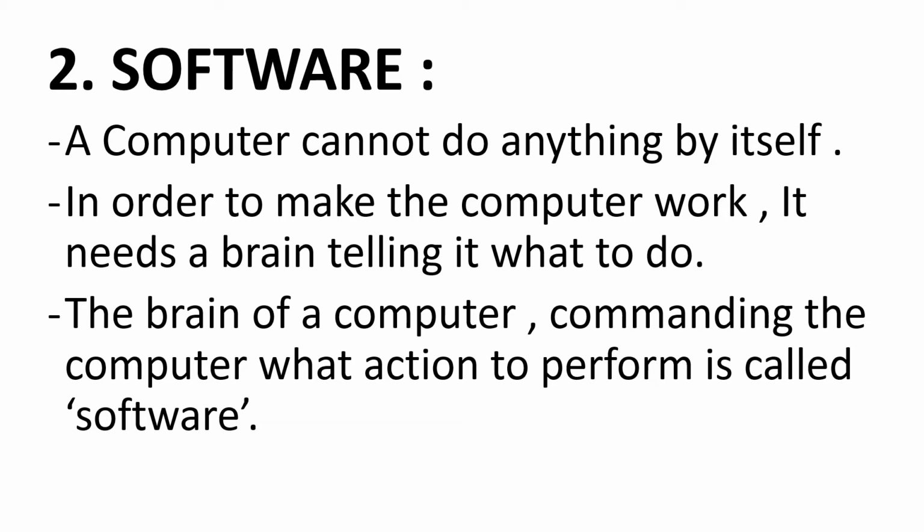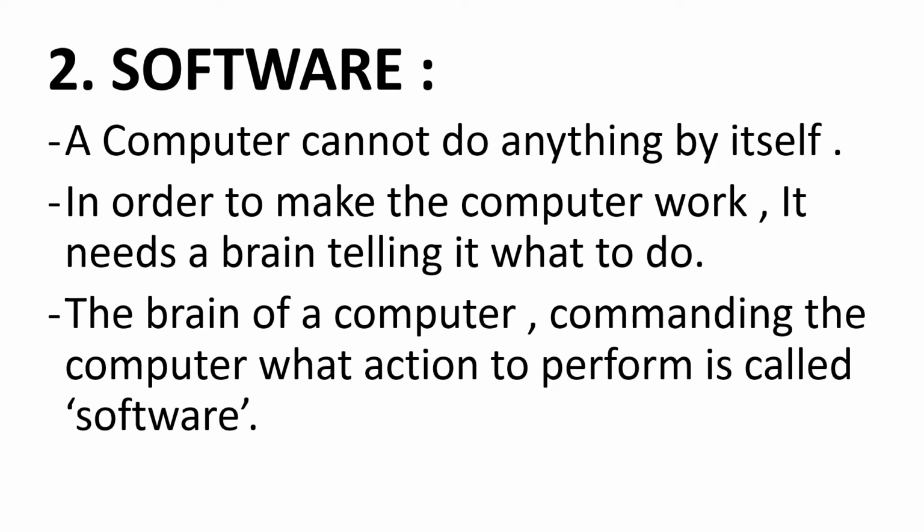Now, a computer is a dumb machine. It cannot do any work by itself. We always have to instruct the computer about what to do. In order to make a computer work, there should be some brain, someone to tell the computer what to do every time.